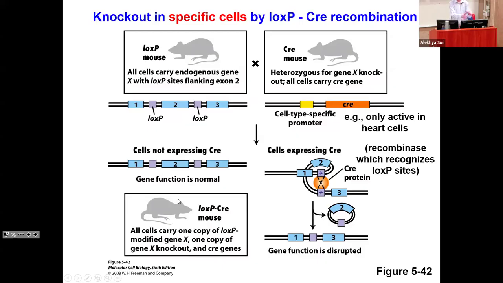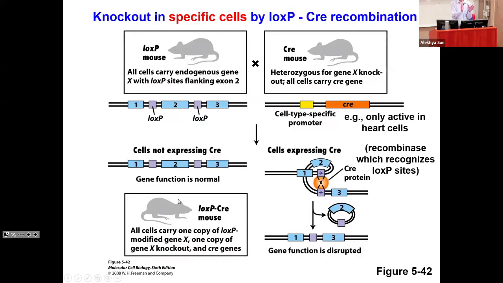You may also use this method if you have, for example, a tamoxifen inducible promoter, and you add tamoxifen to the medium or to the food, and then you would create this splice out.